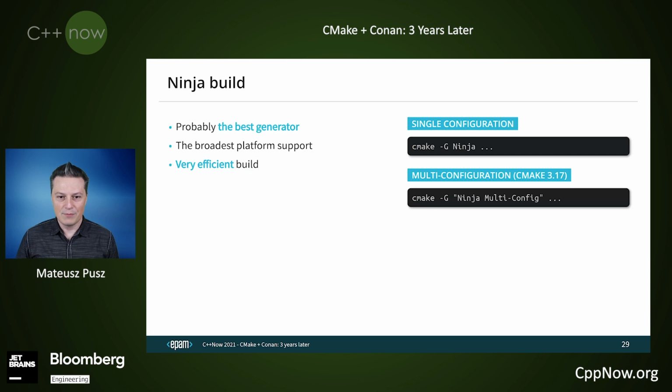Another really important feature is support for Ninja. CMake had Ninja support for a long time, but starting from CMake 3.17, we got Ninja Multi-Config. And I consider this the best generator ever for CMake. Basically, Ninja by itself, no matter if you use Ninja or Ninja Multi-Config, is the best generator in my opinion. It's very efficient and it has really broad platform support.